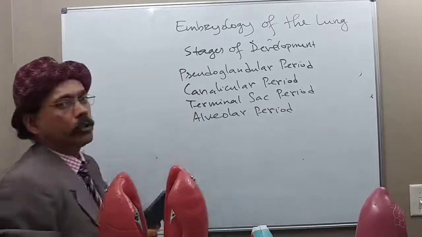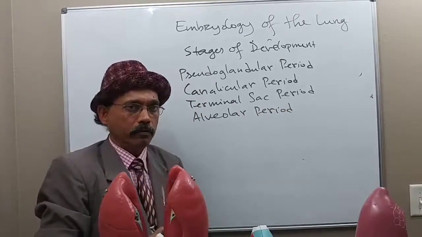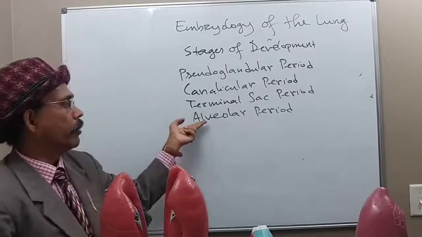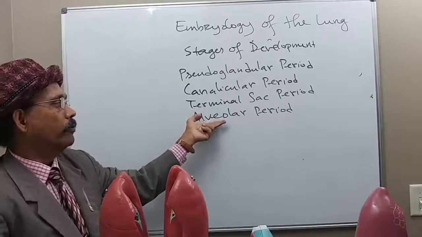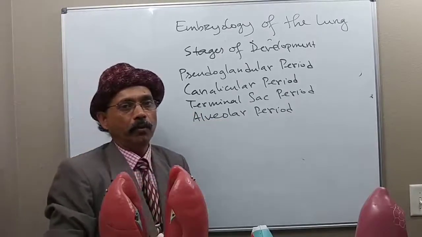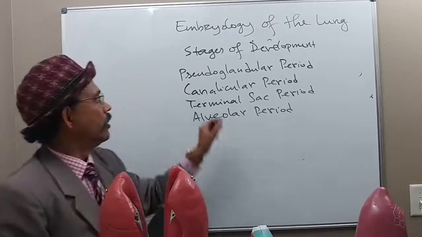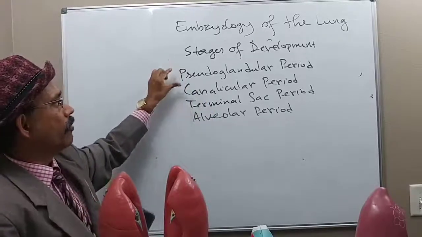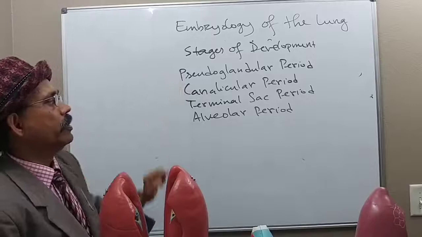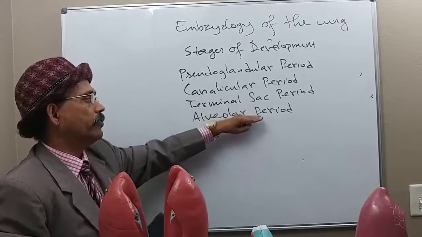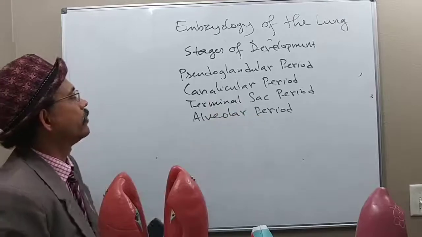This happens after 28 weeks of gestation. So around 28 weeks the alveolar period begins. So a baby born at that time, even prematurely, can survive. During the earlier periods, the fetus is very small, so it will not survive. They will not cause gaseous exchange. This will cause gaseous exchange.